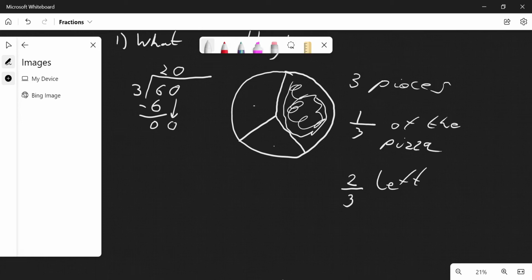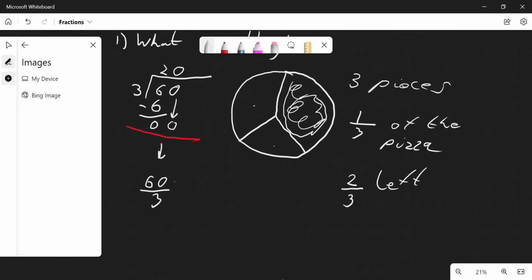Fractions are no different from this form of division, because fractions are just a different way of writing your division. Essentially, if I were to write this as a fraction, you would write it as 60 over 3, where 60 is your numerator, 3 is your denominator.